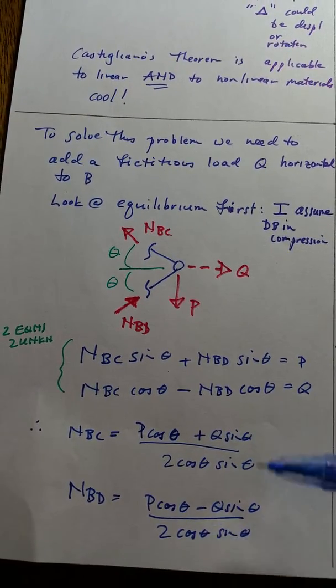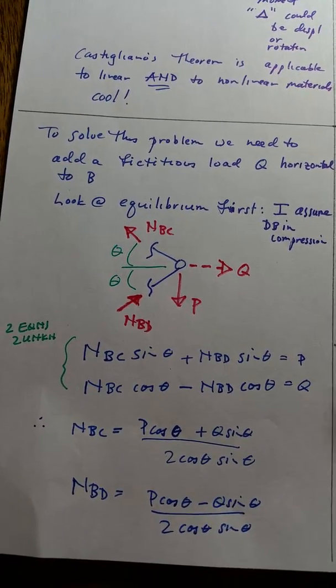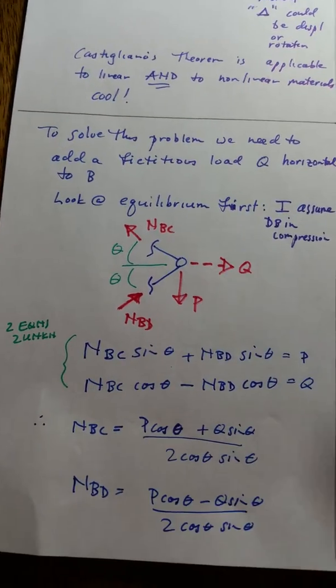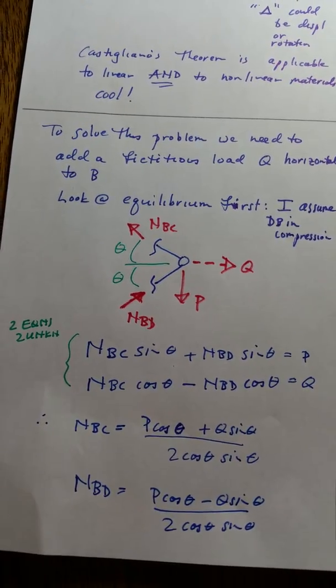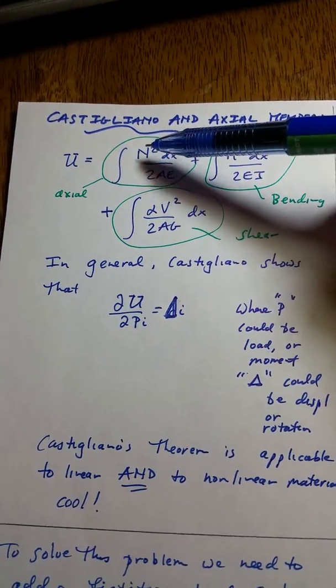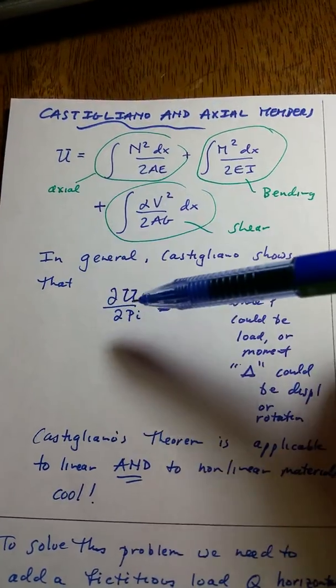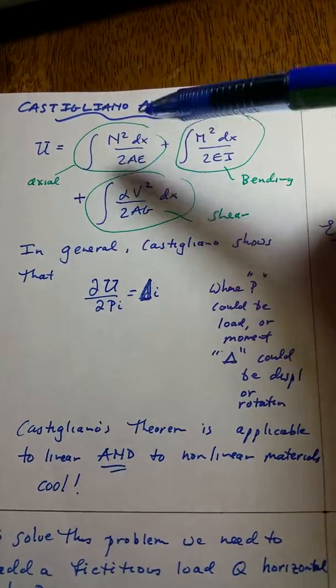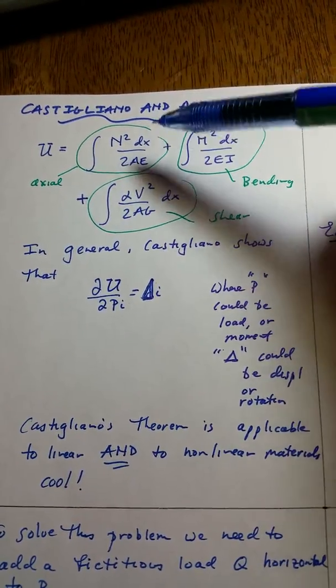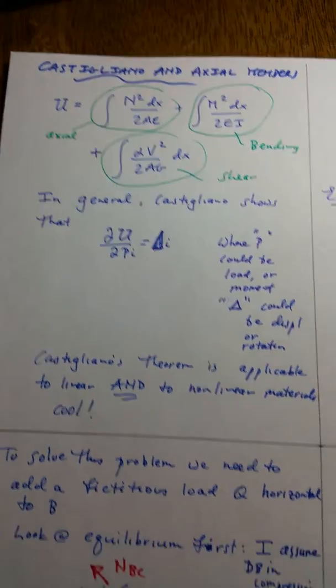So I have N_BC as a function of P, Q, and theta, and I have N_BD as a function of P, Q, and theta. Now what I'm going to do is use this integral, but I'm going to differentiate U, and I'm going to pop that derivative in the integral, and use the chain rule, just like last time.